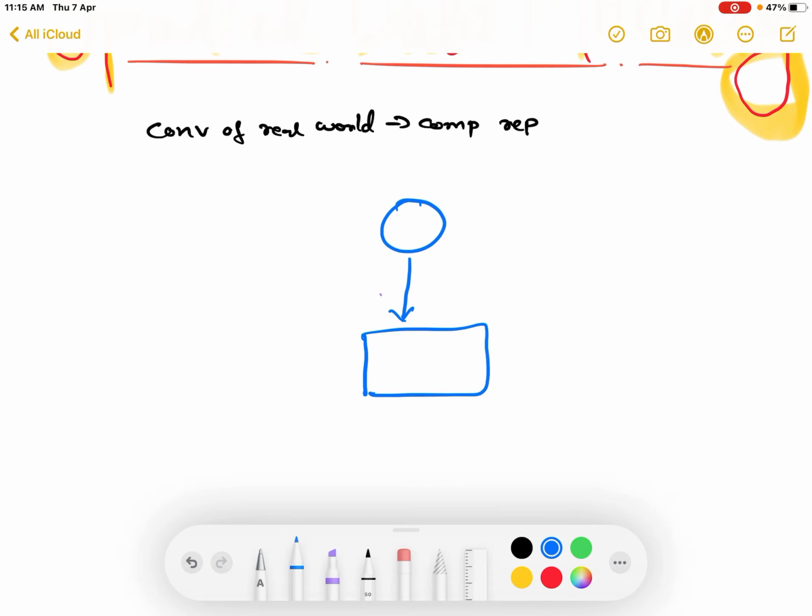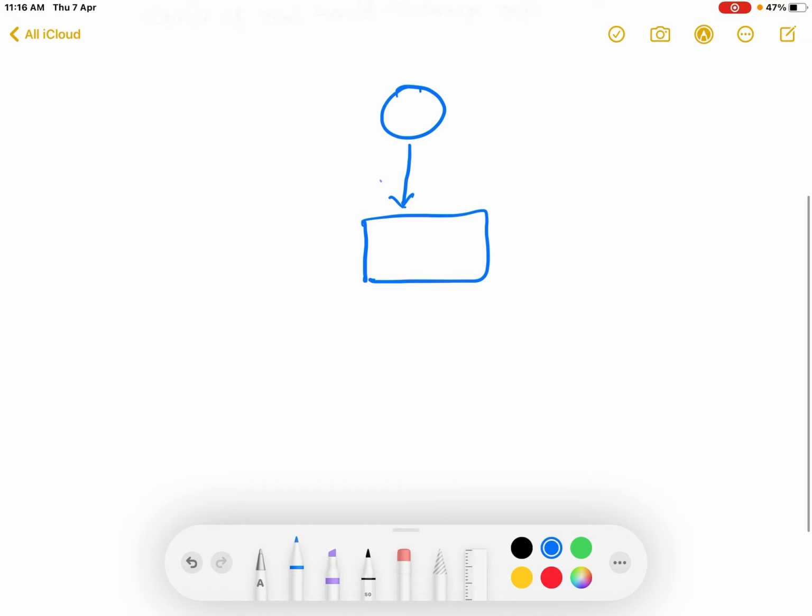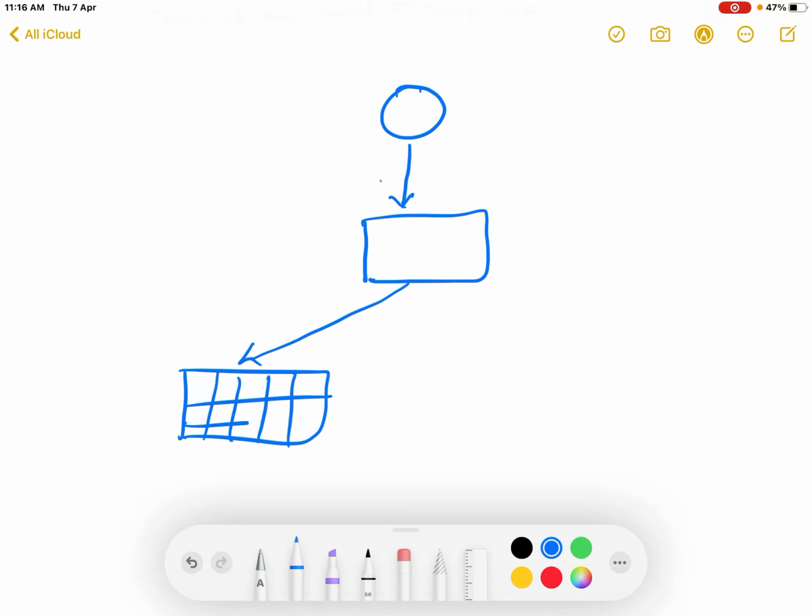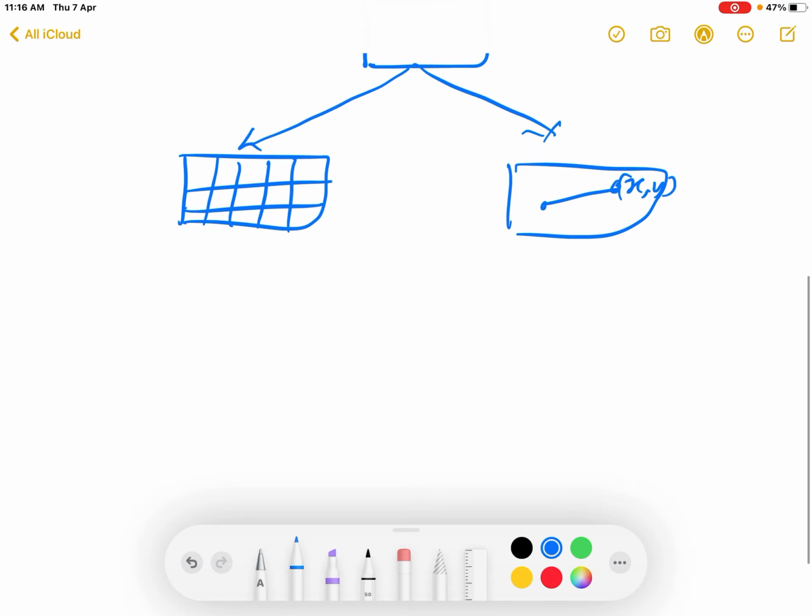So this is done something like this. Say this is the real world and you have a map of it. A map is a pictorial representation of it. Here you can model this in two ways. The first one is using the raster model, that is by using grids, or you can use the vector model, which uses the xy plane, xy coordinates.